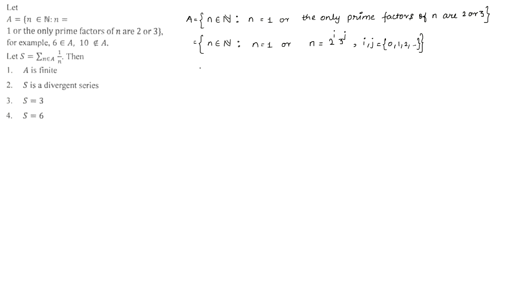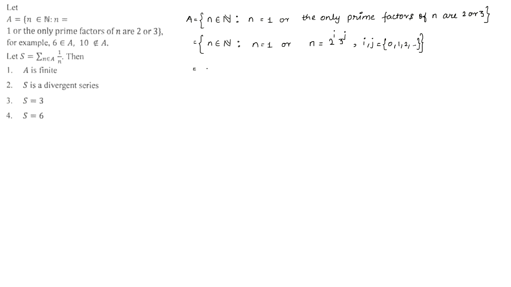If we do the prime factorization of n, we will get only 2 and 3 as its prime factors.